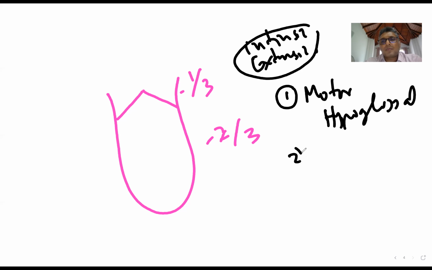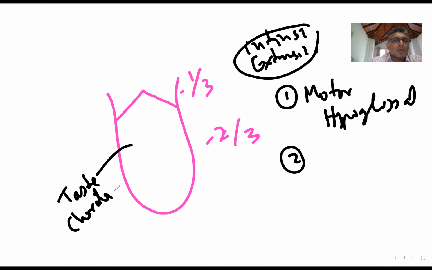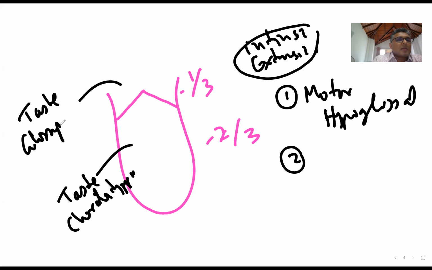Number two, when it comes to the sensory supply of the tongue, the taste sensations from the anterior 2/3 is taken by the chorda tympani nerve. Taste sensations from the posterior 1/3 are taken by the glossopharyngeal nerve, that is the 9th cranial nerve.